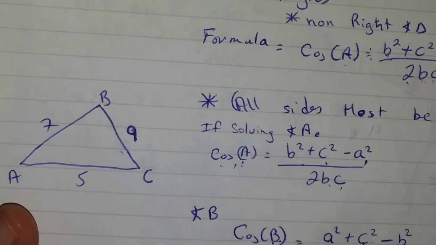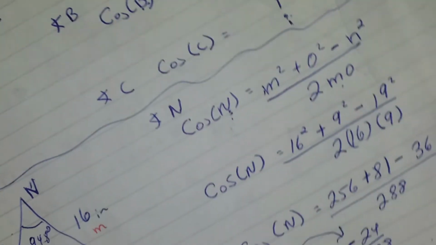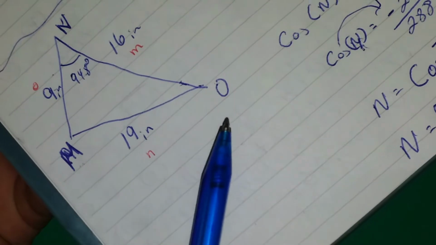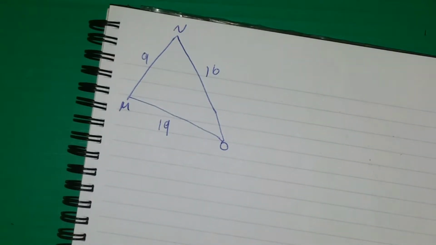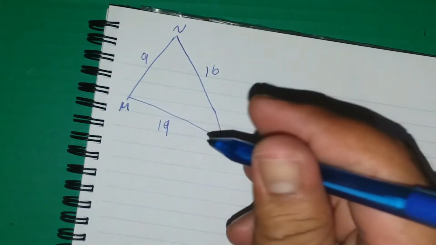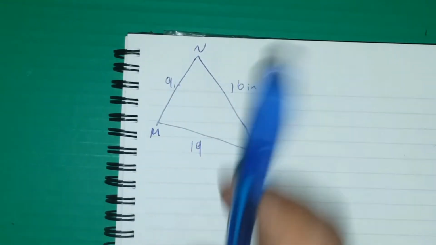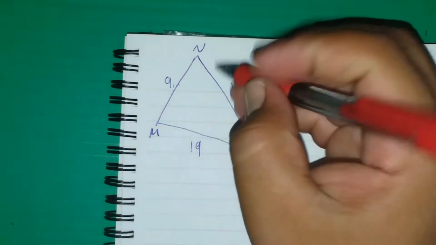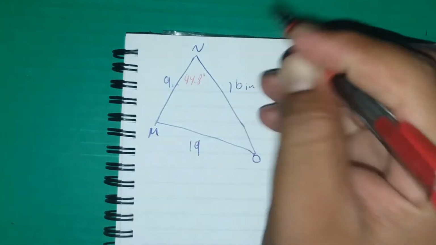In this case, we're not going to put what we've solved for. We had N, M, and O down there. So M and O. Right. So that is what we have, and all of them are in degrees. Now with our previous example, we found out that this is 94.8 degrees, right?